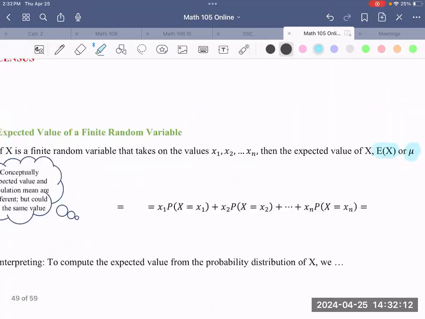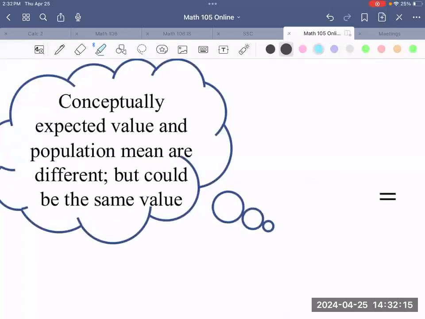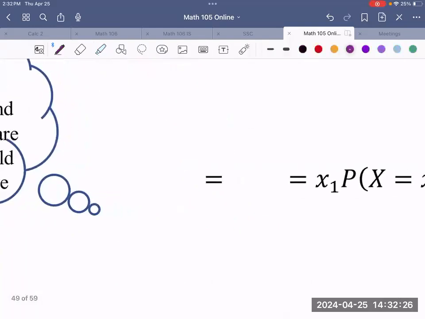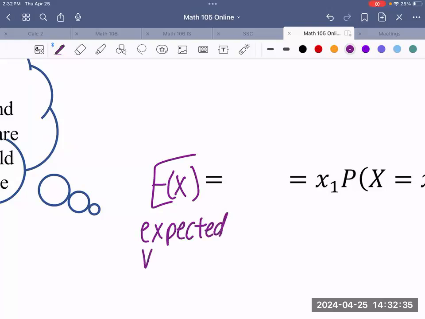So conceptually, your expected value and the population mean are different. On a base level, yes, they are different. However, they could be the same value. So what we're going to assume is that your E of X, your expected value, is going to act as your mean, but better yet, your population mean.